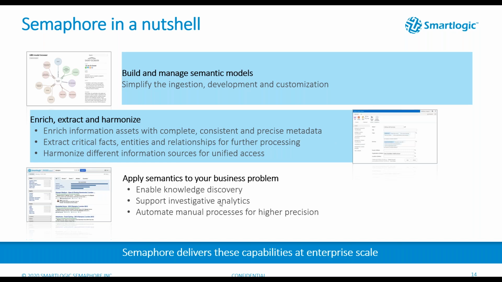But if a user is not looking for that specific disease, and is looking for that class of diseases, or a broader drug class or something like that, you need the model in order to find that information. So being able to leverage the model in your downstream systems is critical as well. We're going to stay up here mostly in this section of Semaphore as we talk through this.